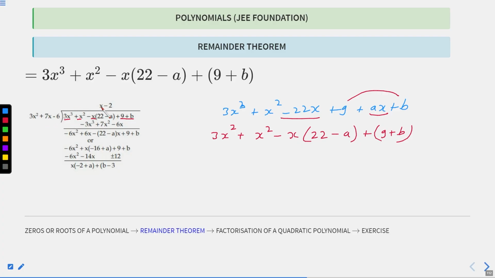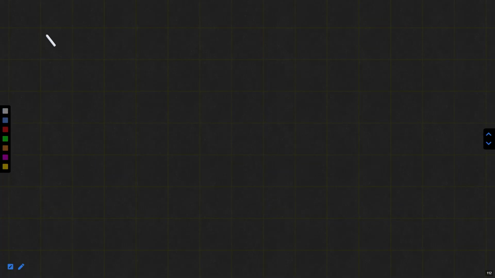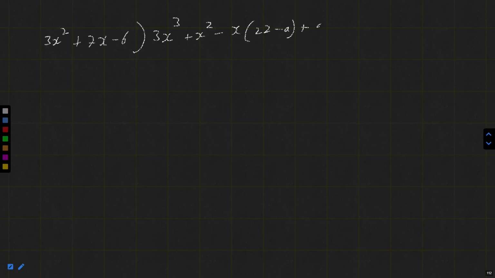Now let me do it on the blackboard. So the divisor 3x square plus 7x minus 6, and inside, the dividend 3x cube plus x square minus x times (22 minus a) plus (9 plus b).